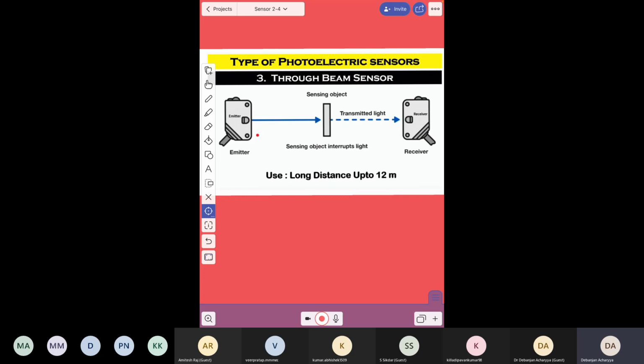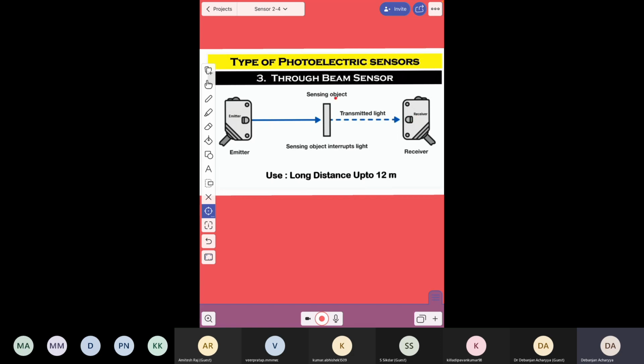Since the receiver and the emitter are two distinct things, you can measure long distances up to 12 meters. The sensing principle is very simple. If there is no object, whatever light is emitted will be received at the receiver.